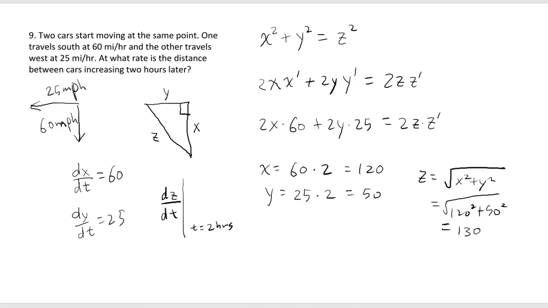Okay, so I have the values. Just plug them in. Well, let's divide everything by 2 just to simplify. I have x is 120 times 60, plus 50 times 25, and then 130 times z prime.